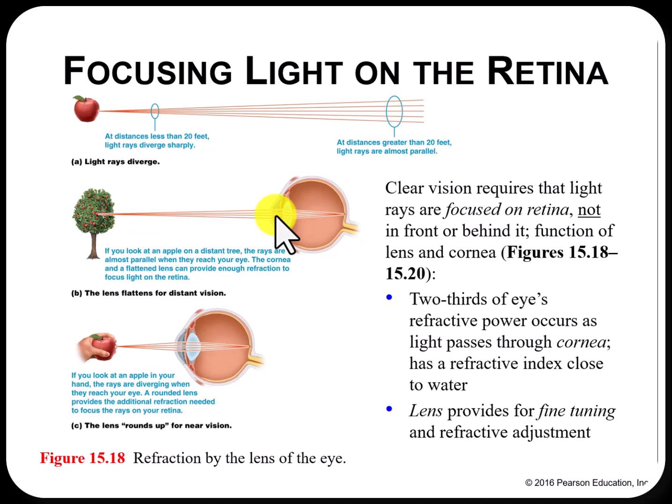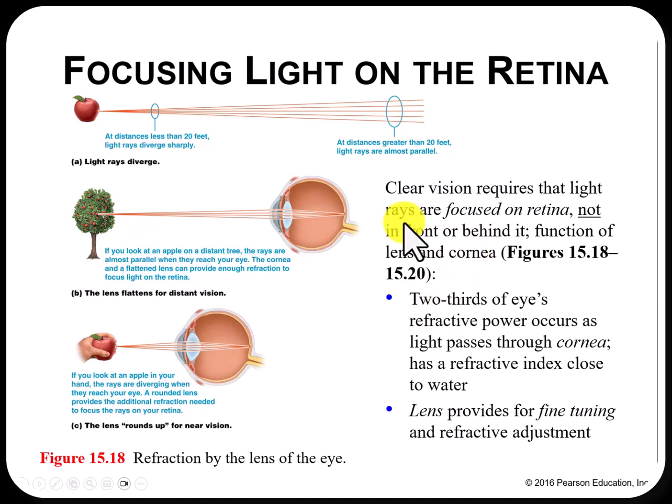The cornea must flatten to provide enough refraction to focus the light on the retina, making the light beams converge back to a single focal point. But when you look at an apple up close, the rays are not as parallel, and so the eye needs to round the lens to provide the additional refraction needed to focus the rays on the retina.